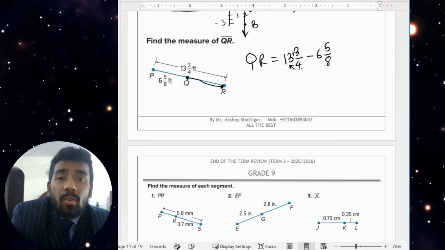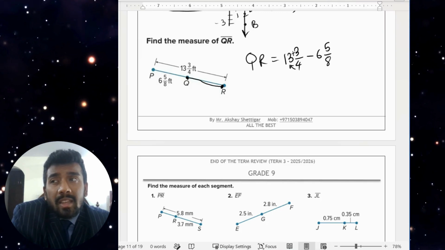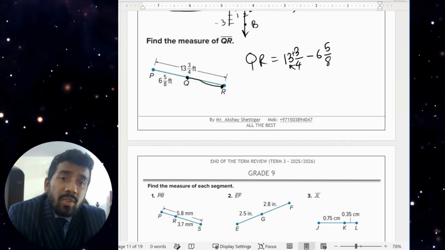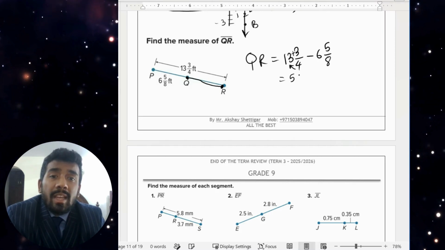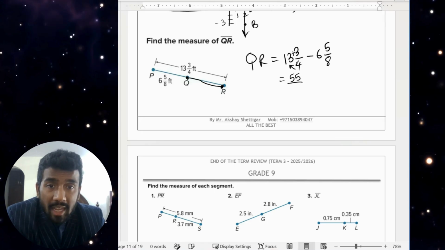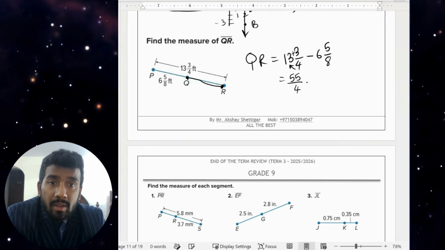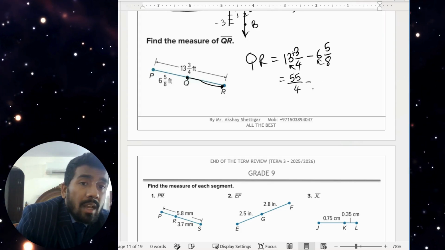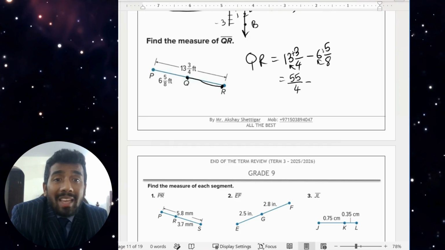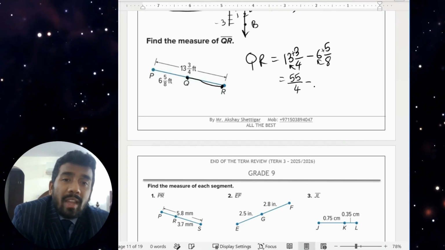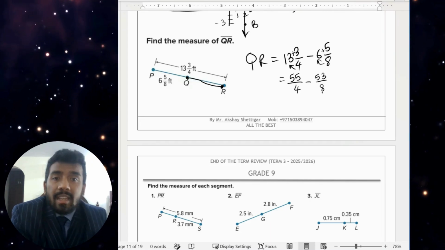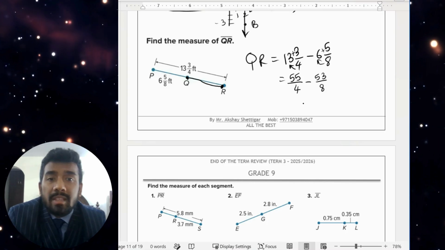So 4 times 13 is 52, and 52 plus 3 will be 55, over the same denominator, 4. Do the same over here. 8 times 6 is 48, plus 5 is 53, over the same denominator, 8. Just do this minus.